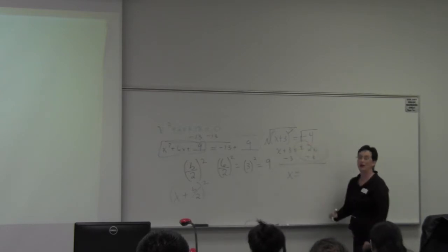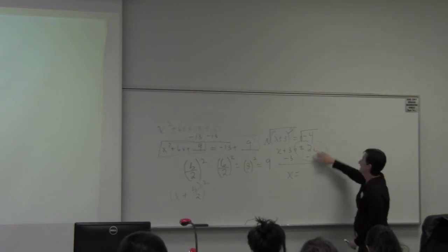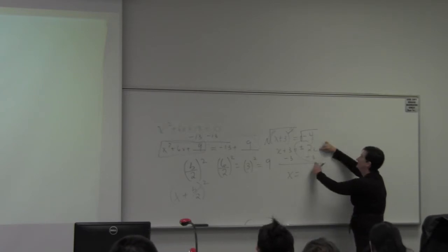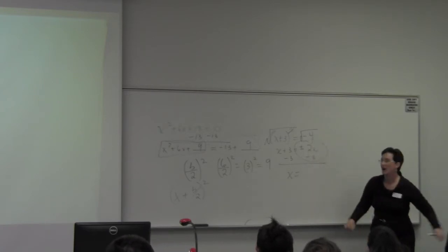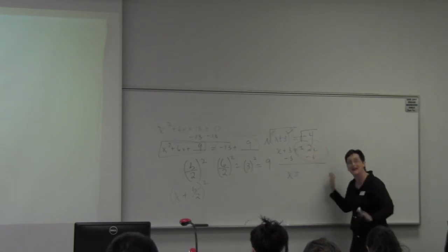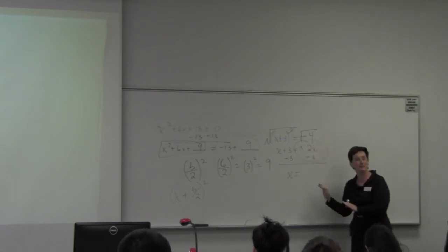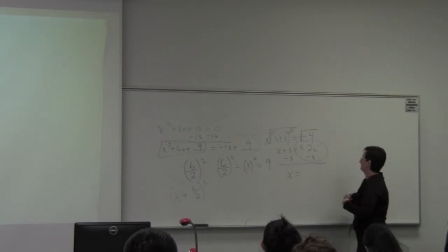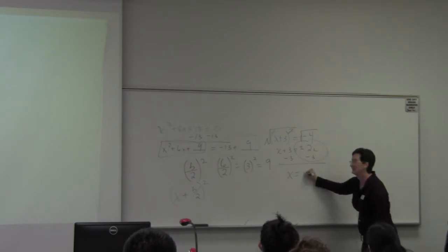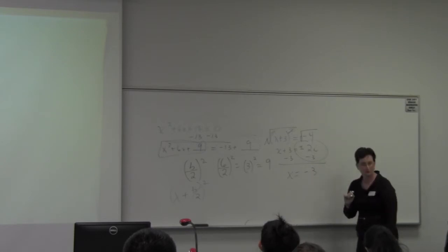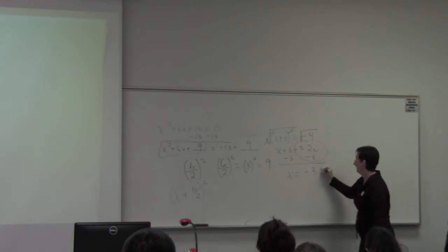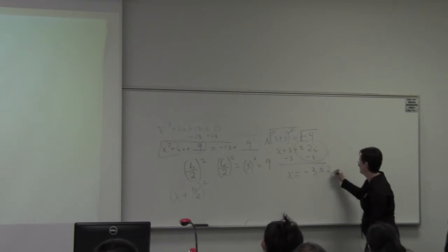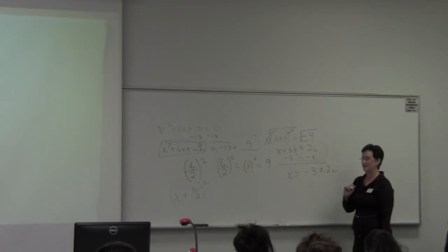All right, now let's talk about this. On any planet, are these like terms? I have seen the most creative things to try to put those together. They are not like terms. So how do we write that? Negative 3 plus or minus 2i.